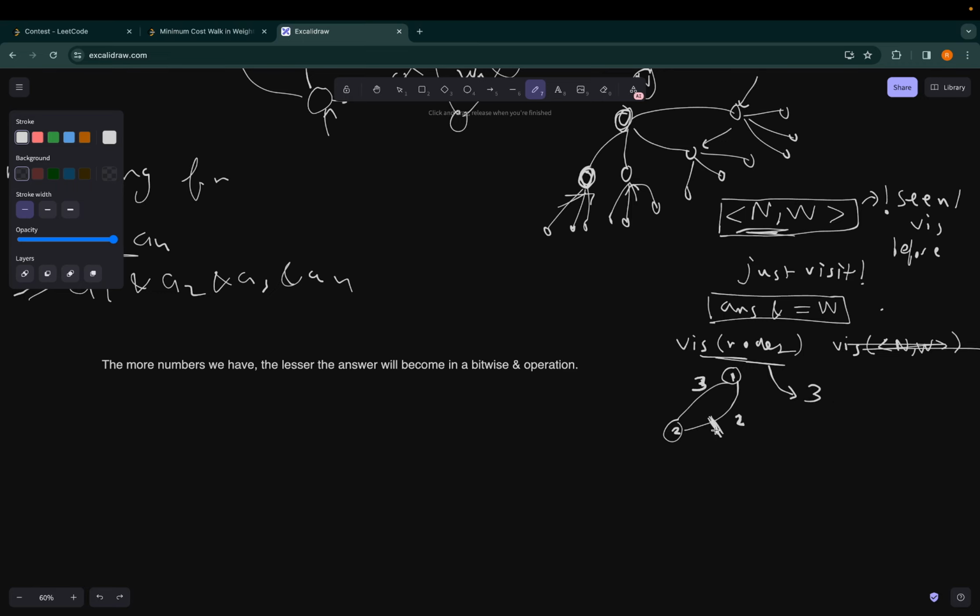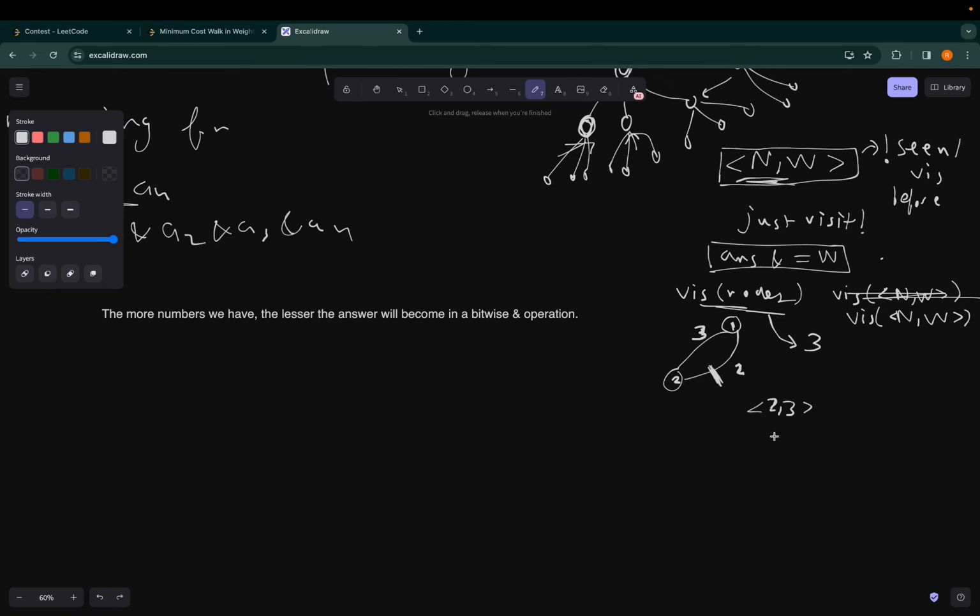Because this edge was never traversed, because we already traversed 2, and when you pop this 2 from the queue, it will say that 1 was already visited, I don't need to visit this one at all. But if you have a visited array which stores both a pair of node and its weight, it will say okay, let's visit 2 and 3 first, and then from 2 we can visit 1 and 2.